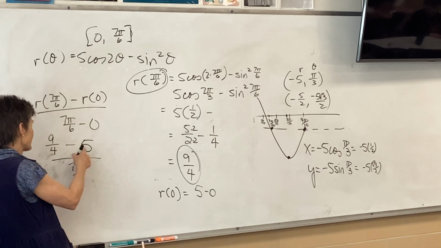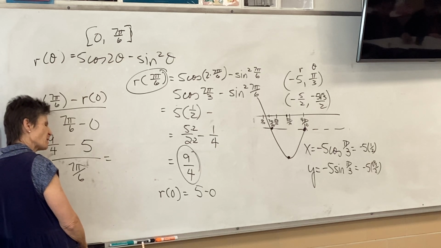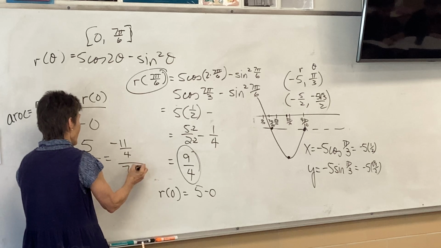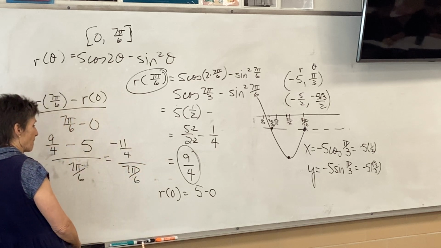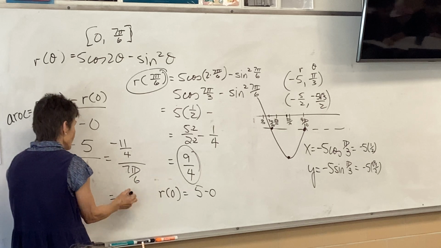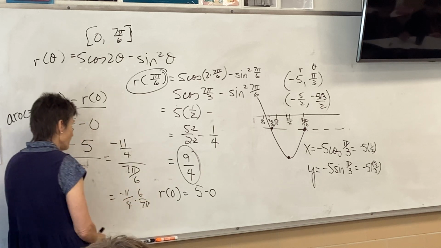All right, so let's get common denominator here. What's that numerator gonna be? Negative 11 over 4 divided by 7 pi over 6. So we can do negative 11 fourths times 6 over 7 pi.